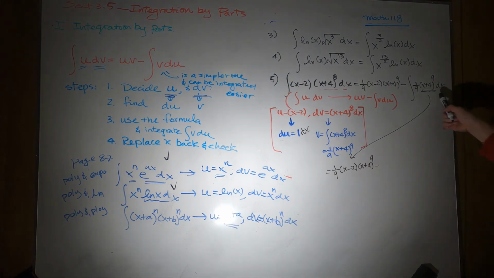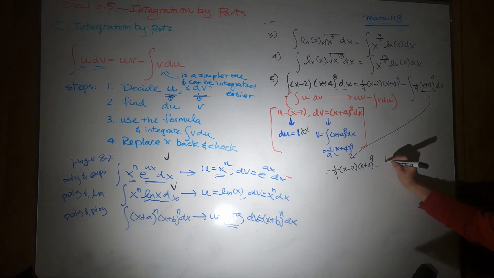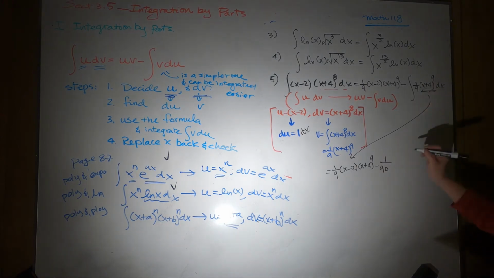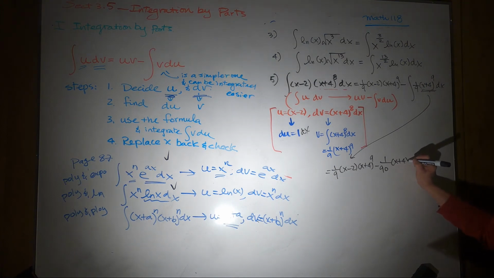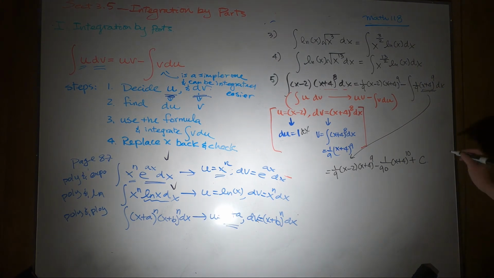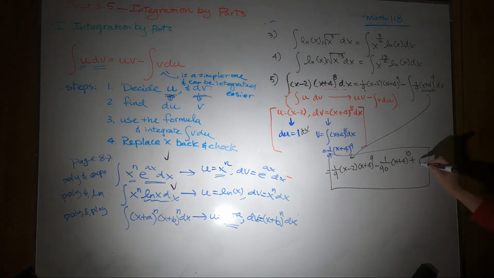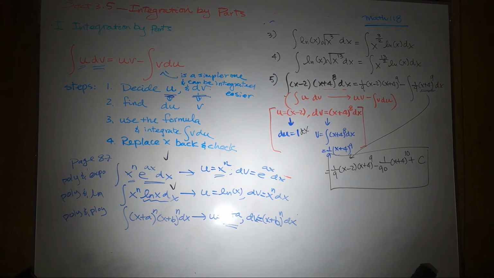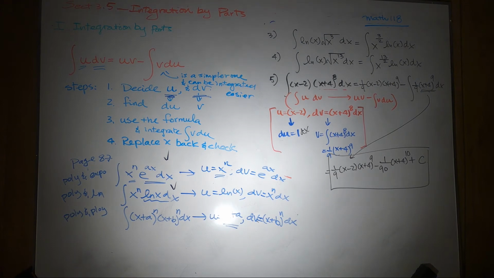Take the integral of this, it becomes the 10th power divided by 10, so that will be 90 here, and (x plus 4) to the 10th power plus a c, right? So that will be your answer. Okay? All right.